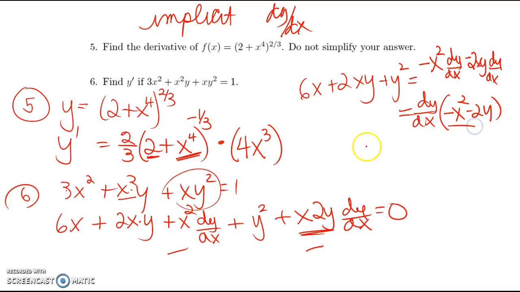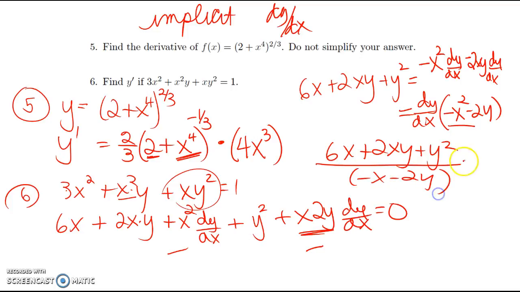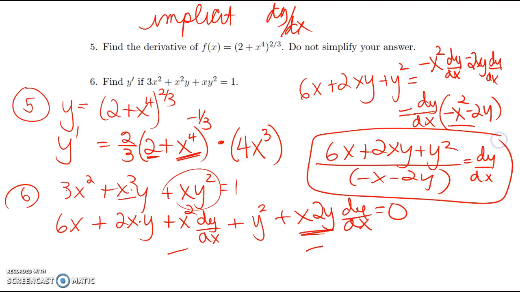So I'll divide both by this. So my final dy dx looks like this, doesn't it? These are ones where you need a lot of room. You don't want to lose signs. You want to just take your time, okay?